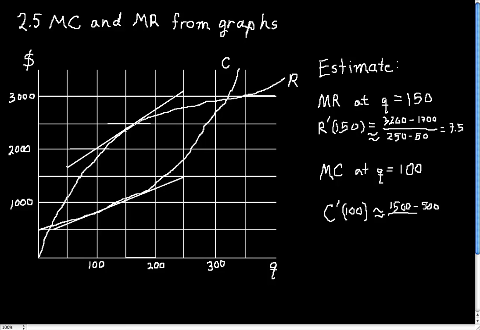And on the bottom, what should I have? I should have the change in x, which is 250 minus, let's say this is around 25. So 250 minus 25. And if we simplify this, we get an approximation. This is about 4.44.